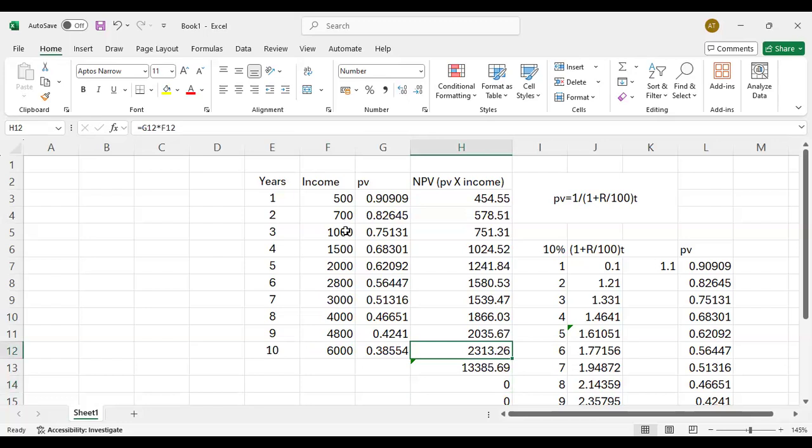Because even though I claim 2,000 I received after 5 years, the value of 2,000 is actually only 1,200. The value of 500 is 455 and so on. Because I applied time value at 10%, the values are going to change.